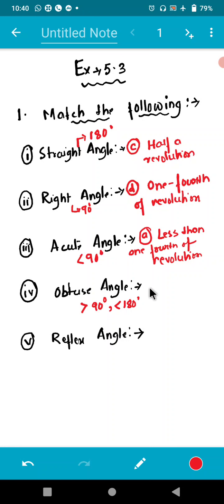So the angles which fall between 1/4, that is 90, and half, that is 180 degrees, will be termed as obtuse angle. Okay. So the option number E, I guess. Yes, this is E. So we'll write between 1/4 and half of a revolution.